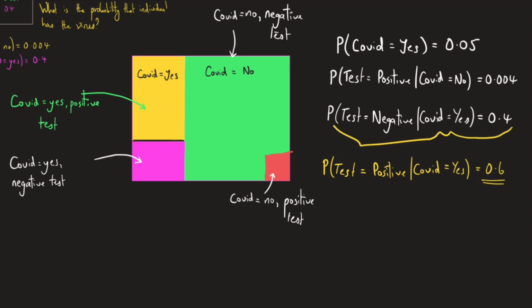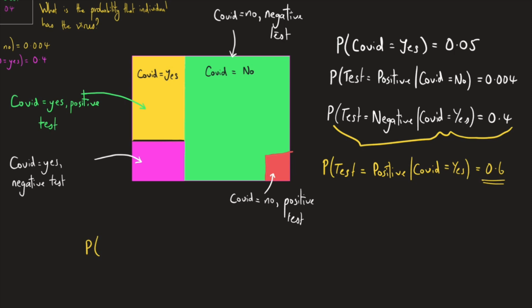So we know that this total area, the area for individuals who have COVID, makes up 5% of the population. And we also know that of that 5%, 60% would experience a positive COVID test. So we can say that the proportion of the population who get a positive test and have COVID is going to be equal to 60% of that 5%.